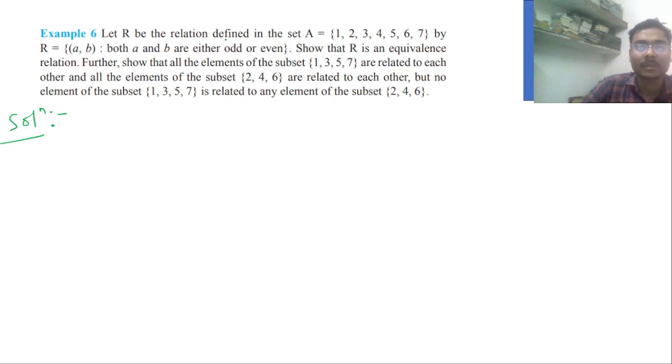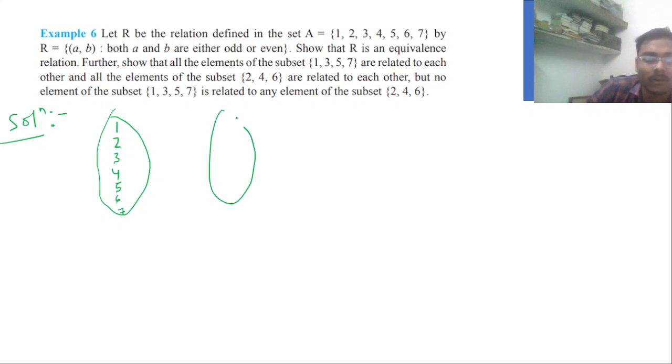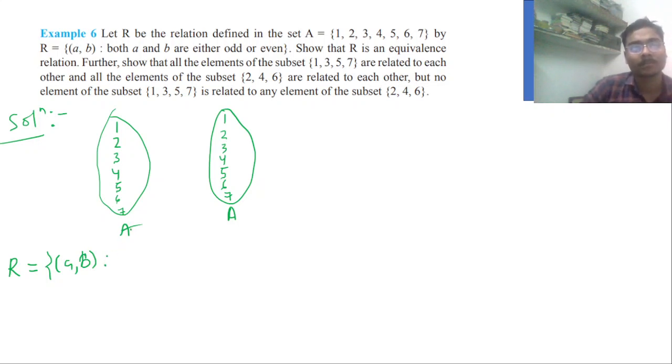Let R be the relation defined on a set A, where set A has 1, 2, 3, 4, 5, 6, 7, and another set A is defined the same way. The relation is A comma B such that both A and B are either even or odd.